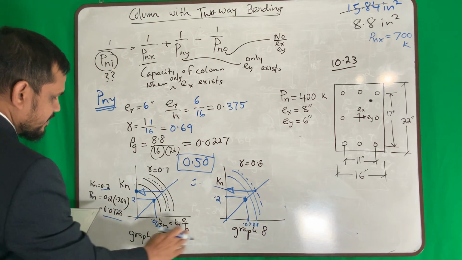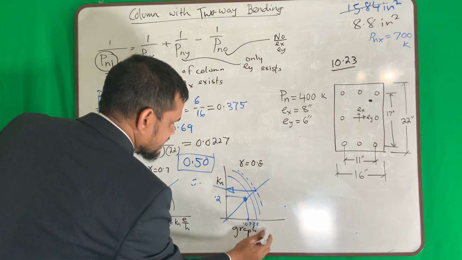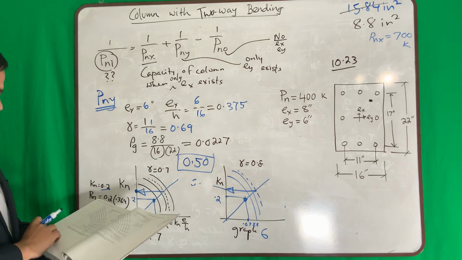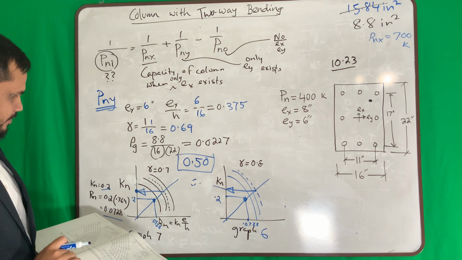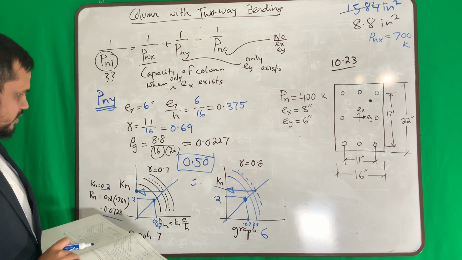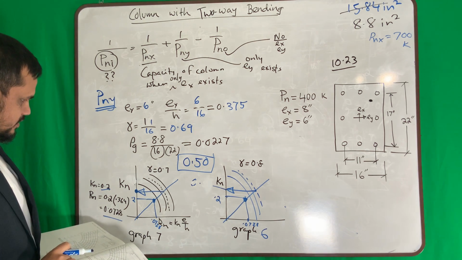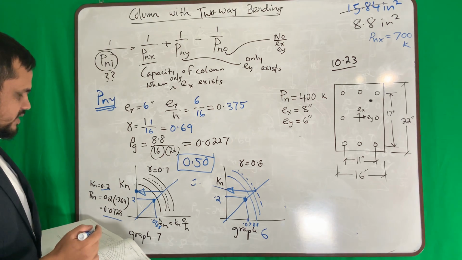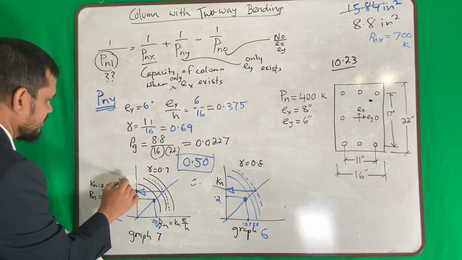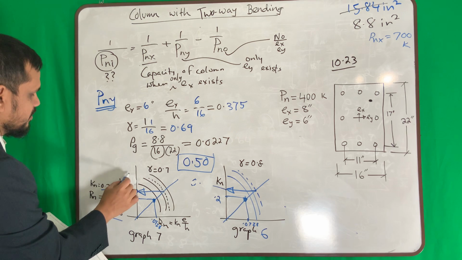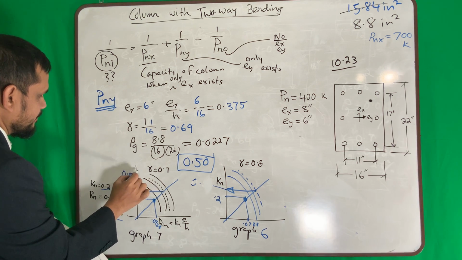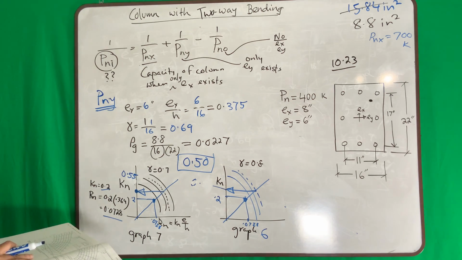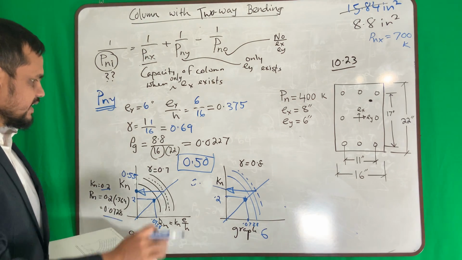So grab 0.7 and grab 0.6. If I use 0.7, what will be the change? Yeah, there will be no change because we already know this value. How much did we get last time here? Most probably 0.55.